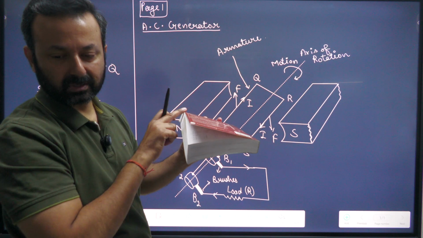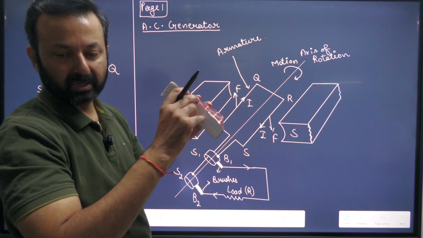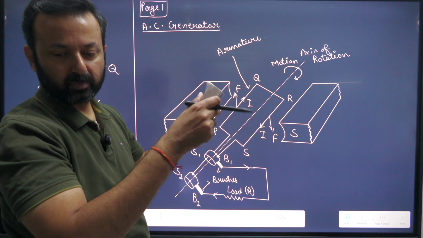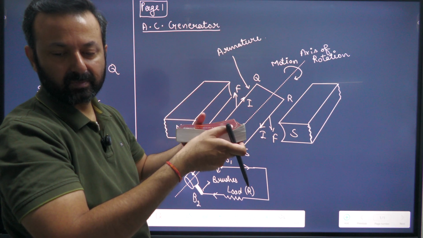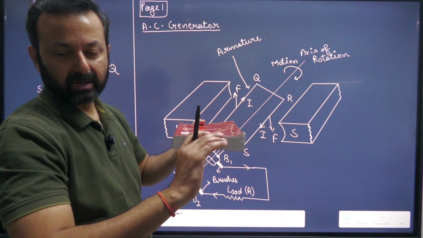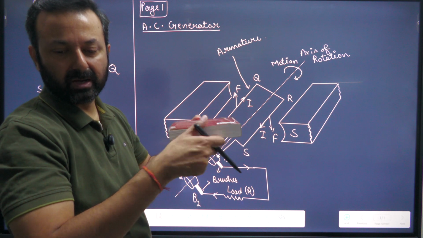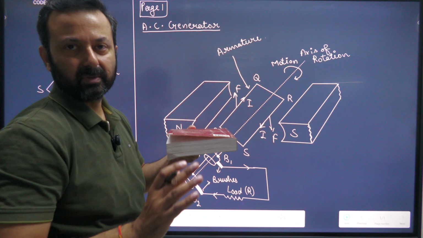This is side PQ. After half cycle, this PQ will come here, and this RS will come here, and after another half cycle, PQ will again come here, and RS will again come here.